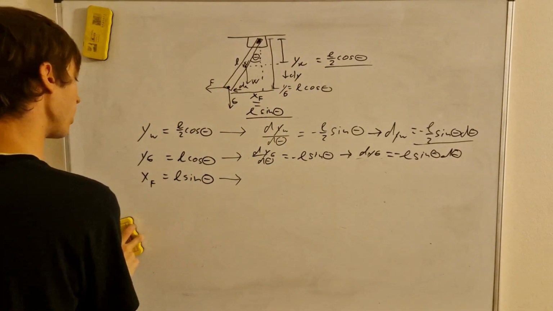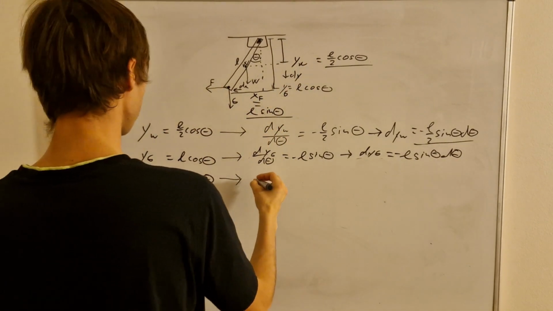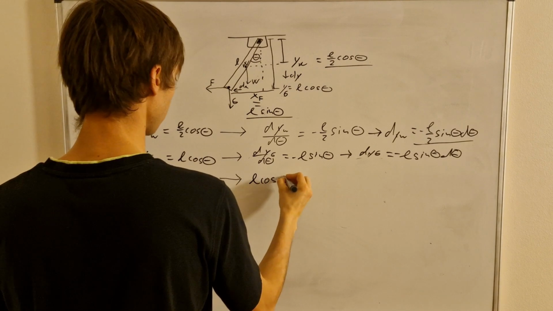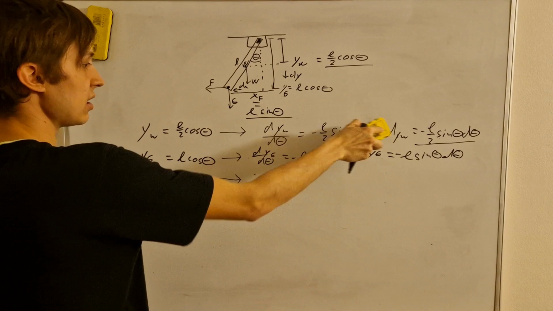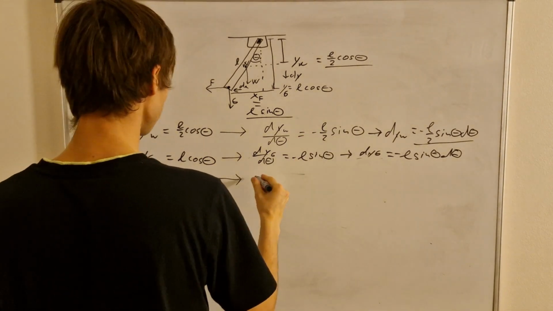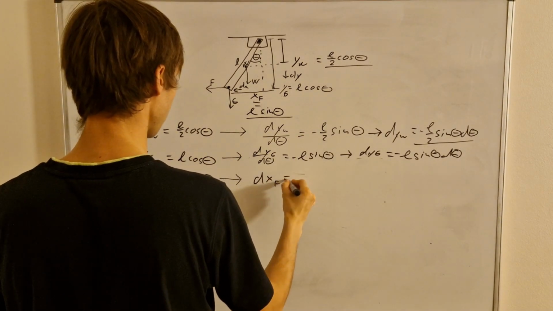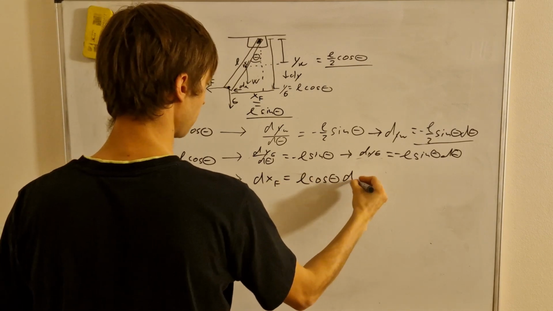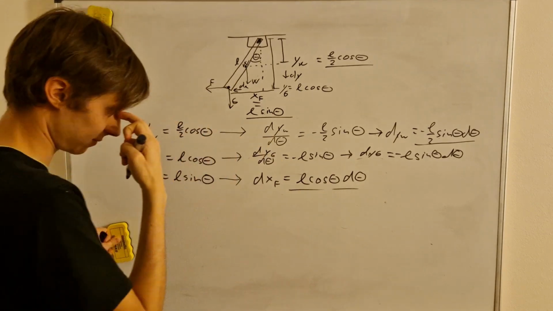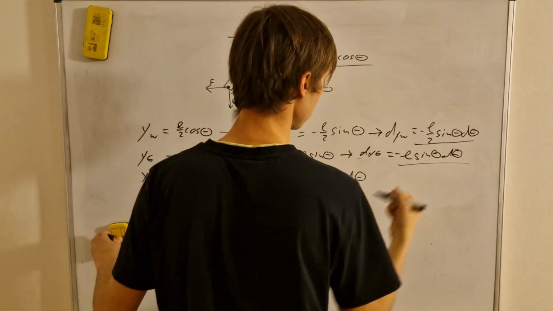And then the third one is L cosine theta. But I will already write the result because we have already seen the pattern here. The differential is going to be dx sub f, and it's going to equal the derivative times d theta. Alright.